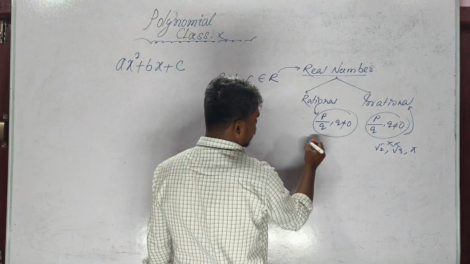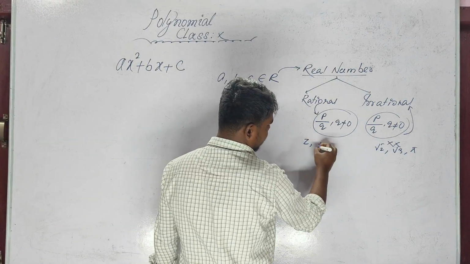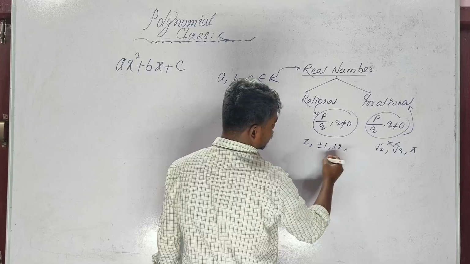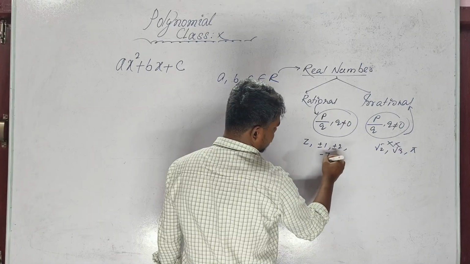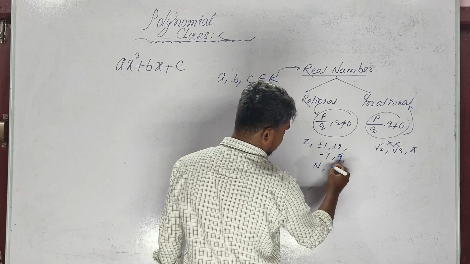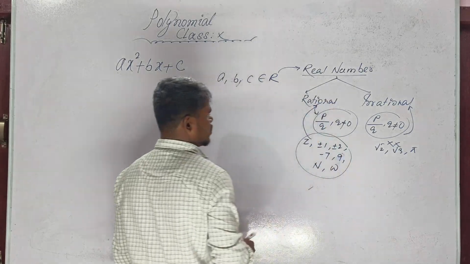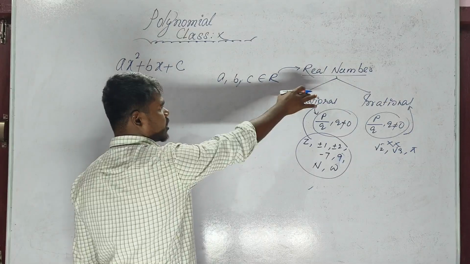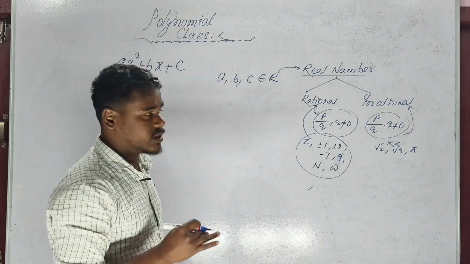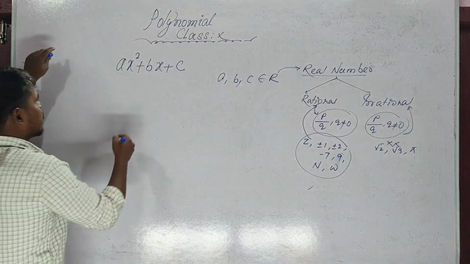And rational numbers include all the integers, plus minus 1, plus minus 2, minus 7, 9, all the natural numbers and all the whole numbers. Rational and irrational together is called real number. Yes or no? And come back to the standard form.